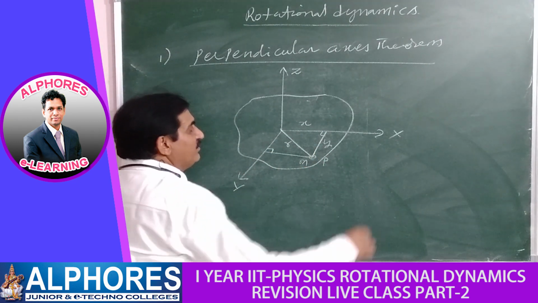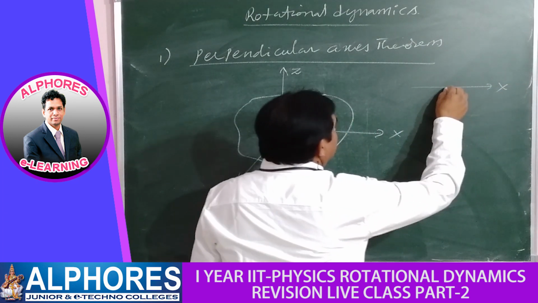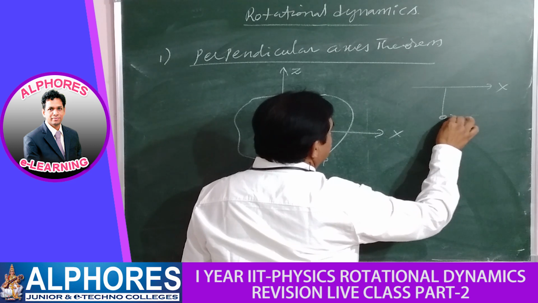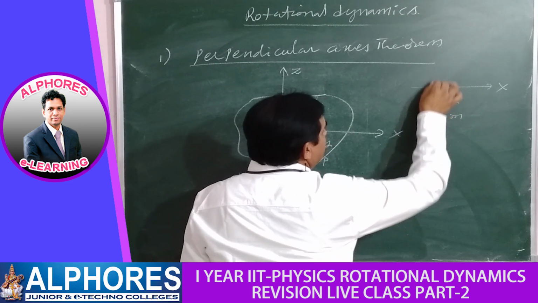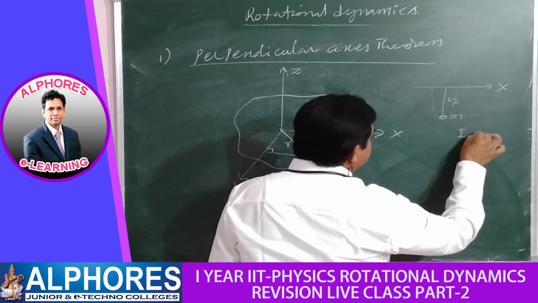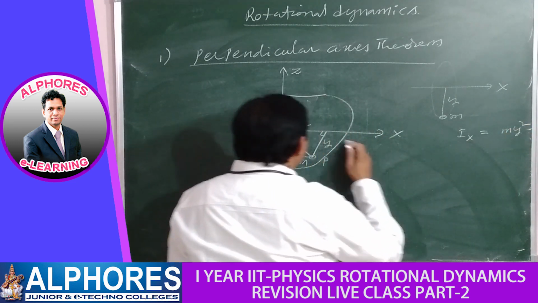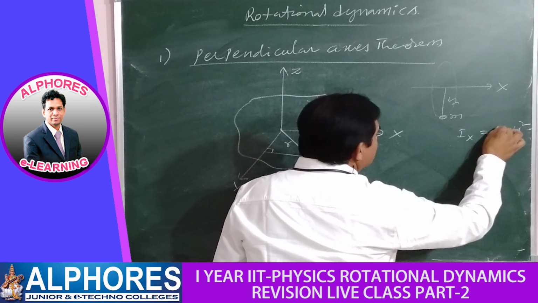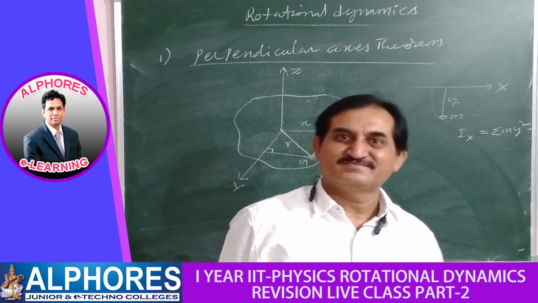Now here, for the moment of inertia, suppose this is the x-axis, there is a particle of mass m at a distance of y. About this axis, this particle is moving. Its moment of inertia Ix is equal to m y square. For the total lamina, so many particles are there, so summation of m y square.